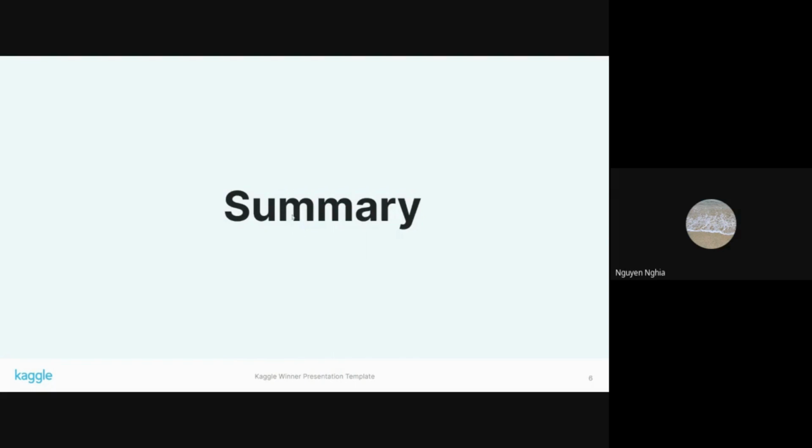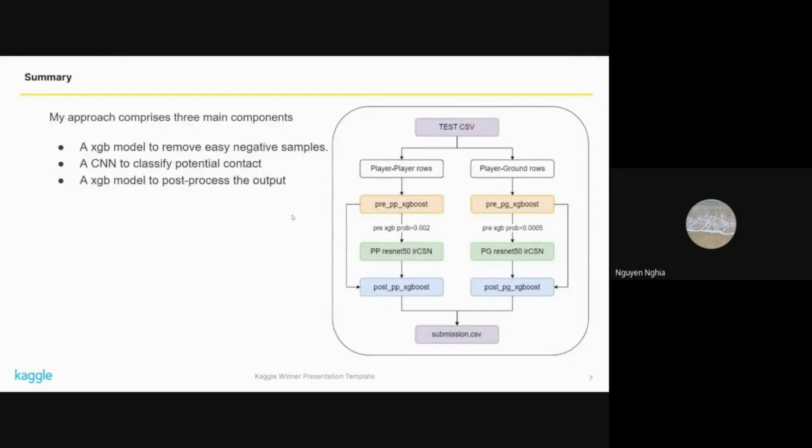And the summary of my approach comprises three main components. First is an HGB model to remove easy negative samples, then a CNN to classify potential contacts, and an HGB model to post-process the output.